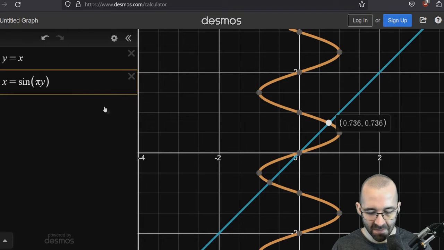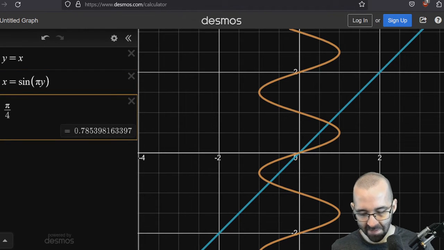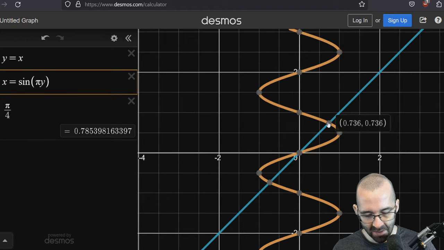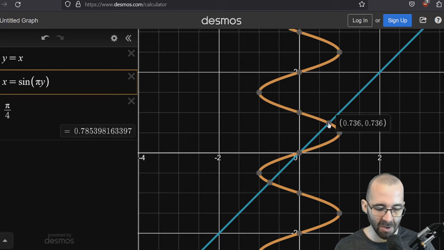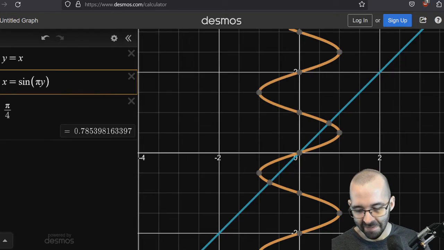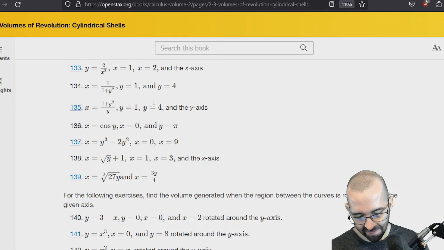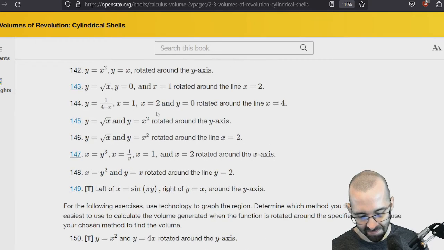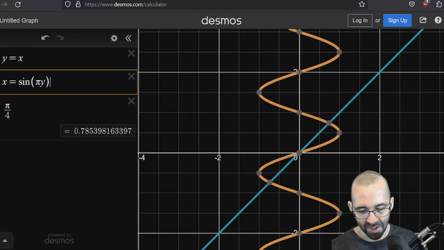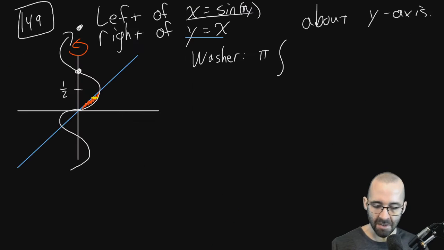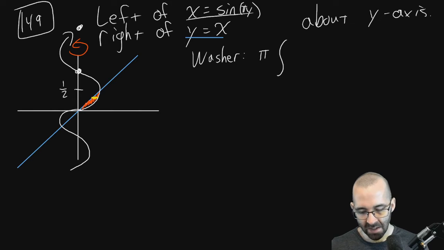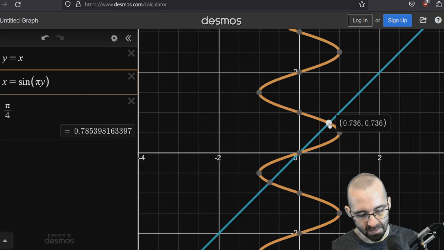Is that pi over 4? No, it's close to pi over 4, but it's not pi over 4. Well, the problem did tell us to use technology, right? No, it didn't. Oh, well, you can use technology for this one. I don't think you have to, but we're going to. So this is the point, 0.736.